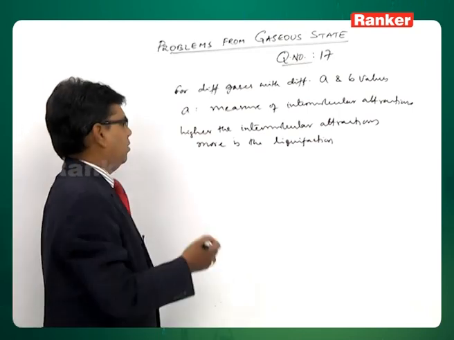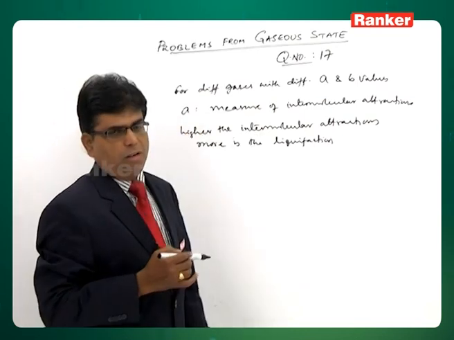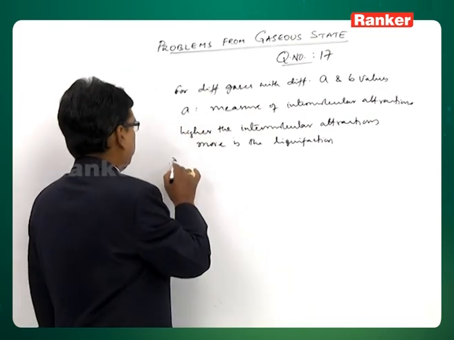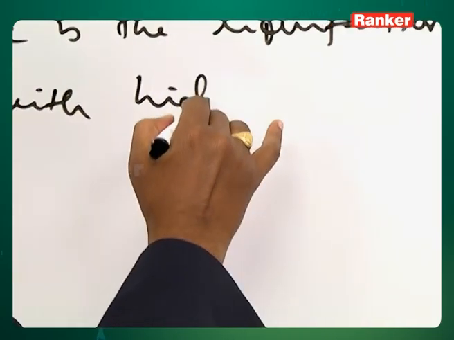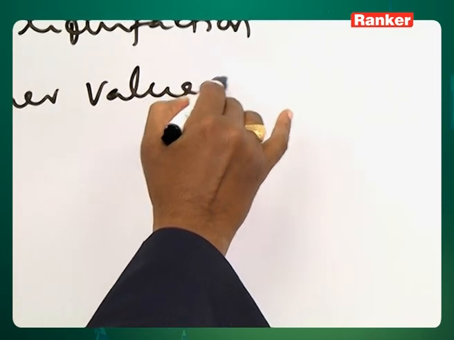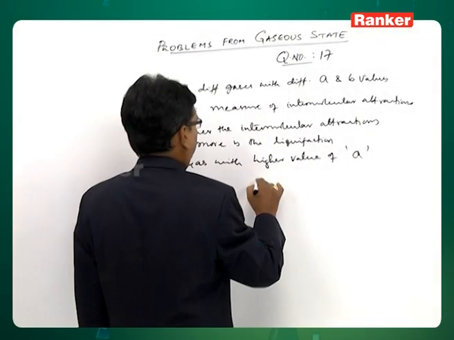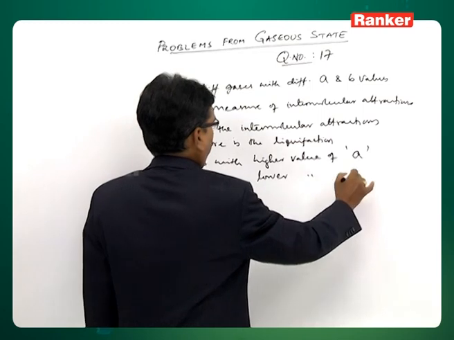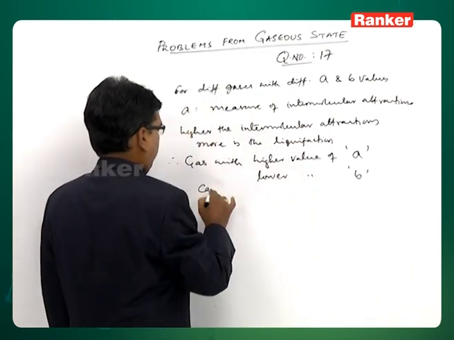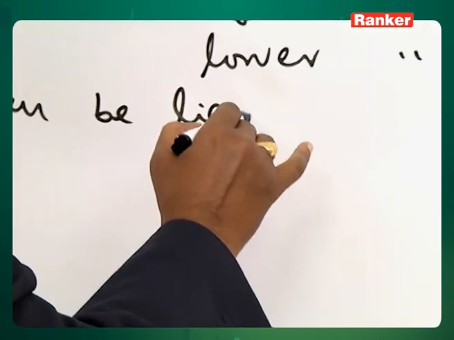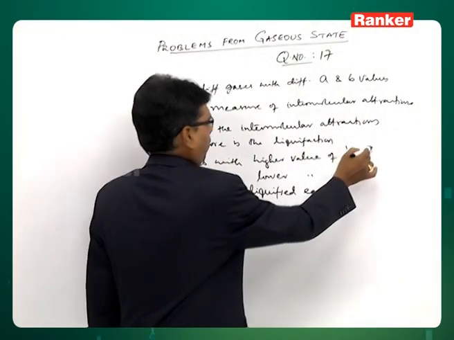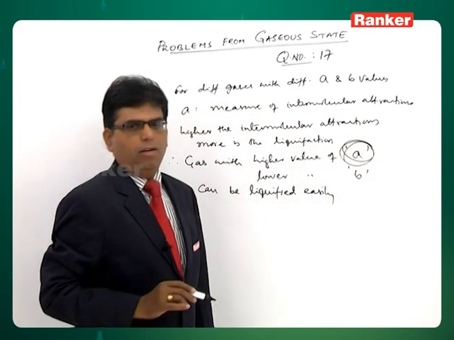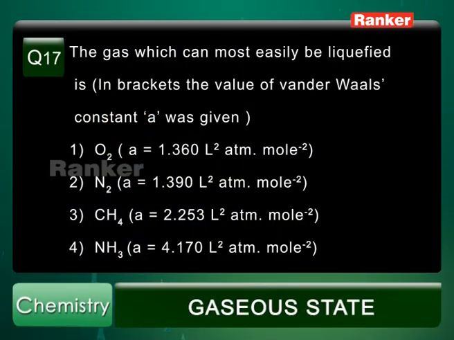So, A is a measure of intermolecular attraction, as we told. Therefore, a gas with a higher value of A and a lower value of B can normally be liquefied easily, and most preferably it is the higher value of A. So, among the given 4, which gas has the higher value of A?